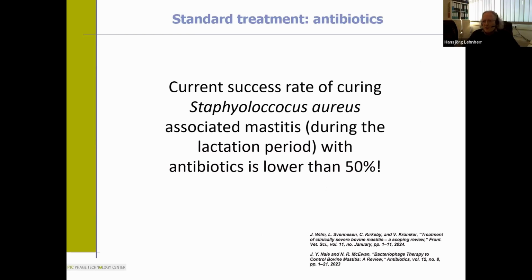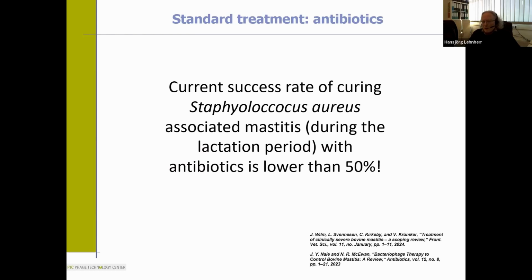But we are living in a world where many bacteria in the outside world are already antibiotic resistant, some of them multi-drug resistant. And so the task of the veterinarian to cure this cow becomes more and more difficult.